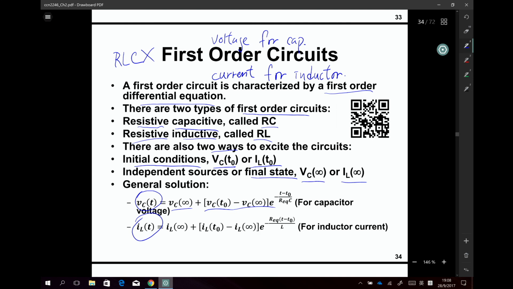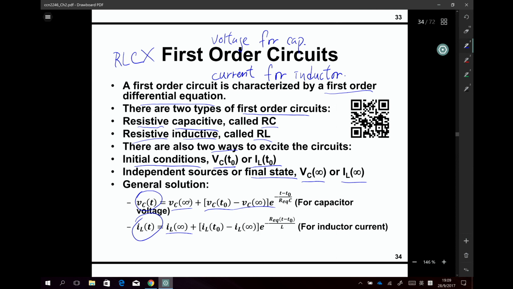For the inductor current, you have a similar structure: iL(infinity) plus iL(t0) minus iL(infinity), times e to the power of minus Req times (t minus t0) over L.